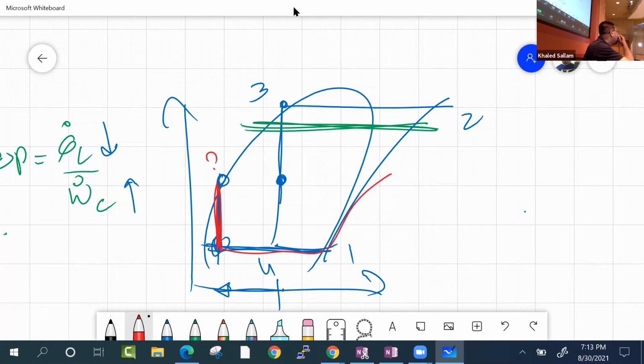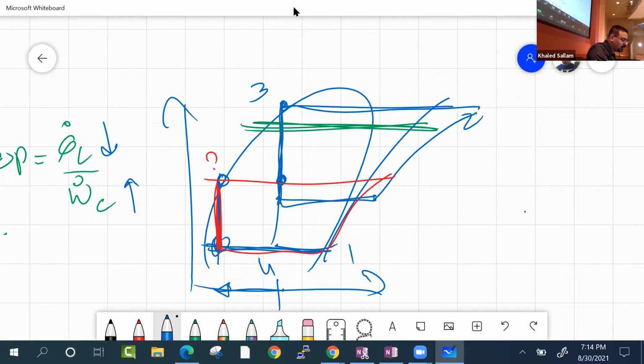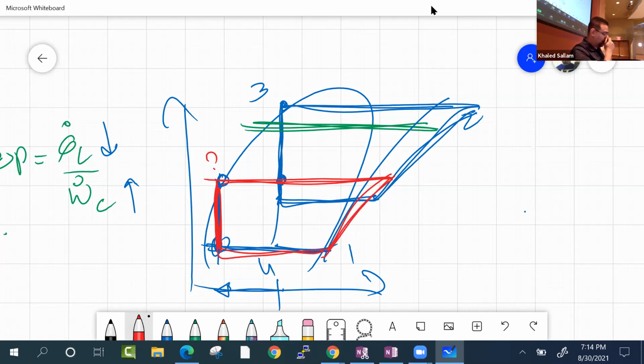Yes, you are saying, two cycles. And this one is being cooled by this one.